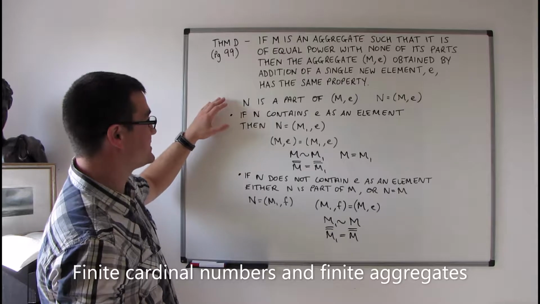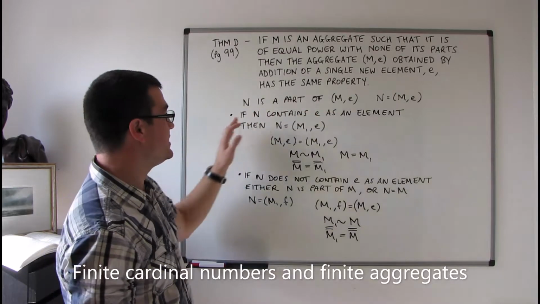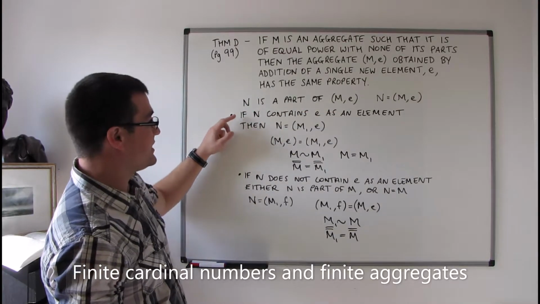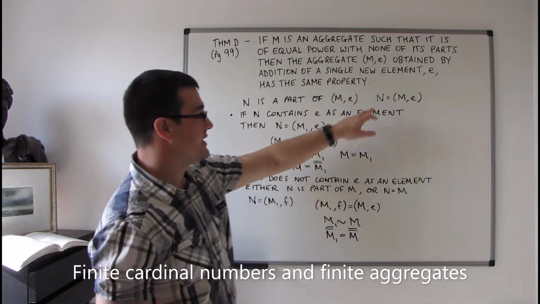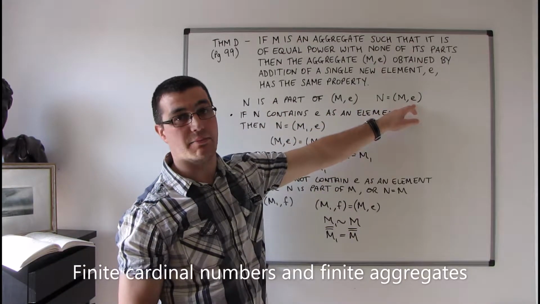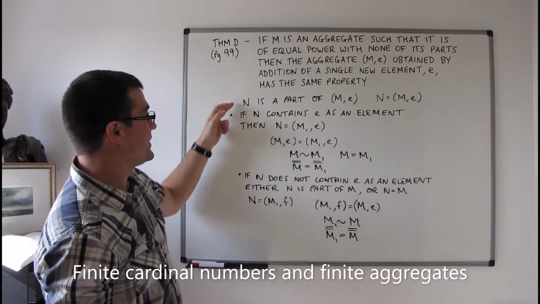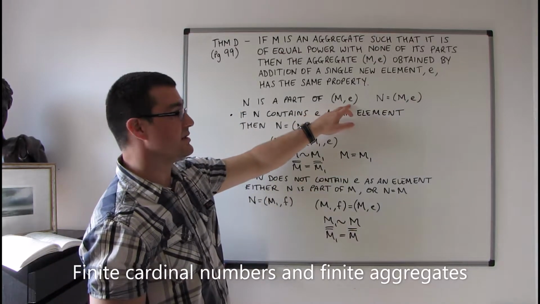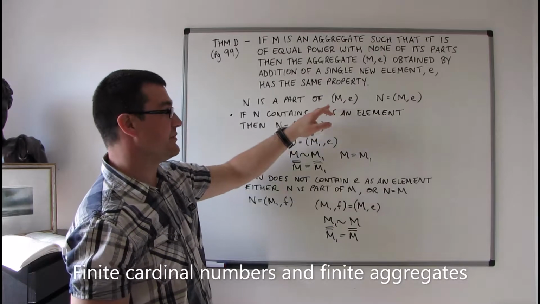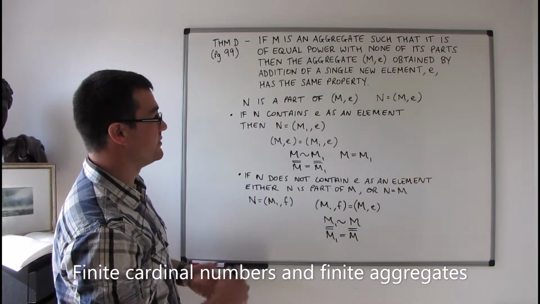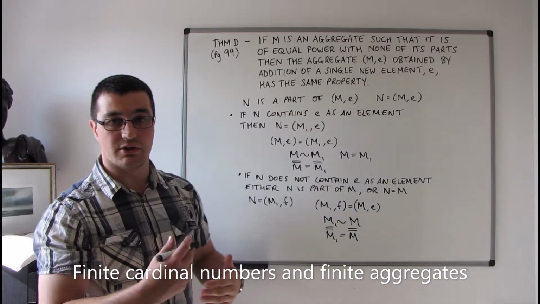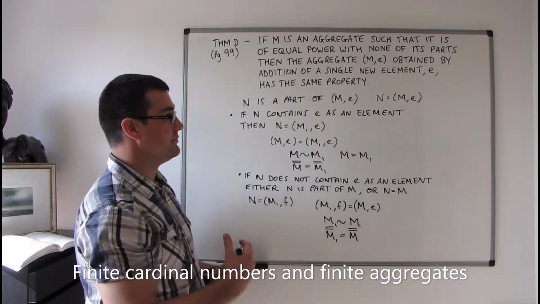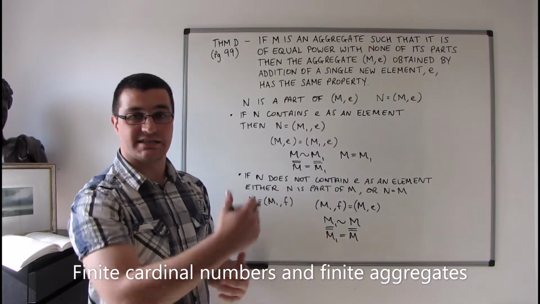So in both cases, if N is a part of ME, whether N contains this E as an element or whether it does not contain E as an element, it cannot be equal to ME, and therefore any part of ME is not equal in power with ME itself. So we're kind of going up to the aggregate with the next cardinal number.